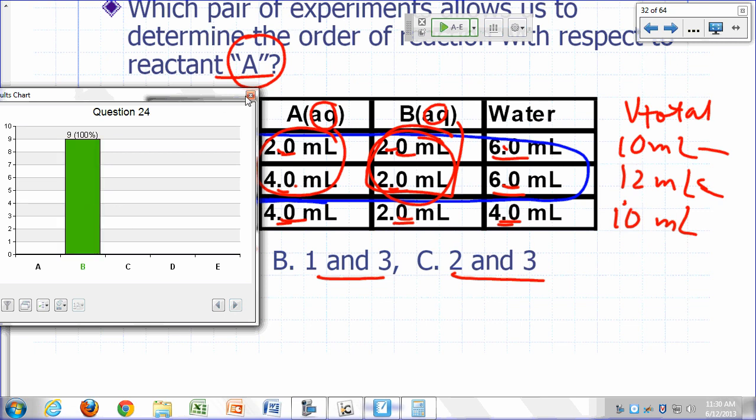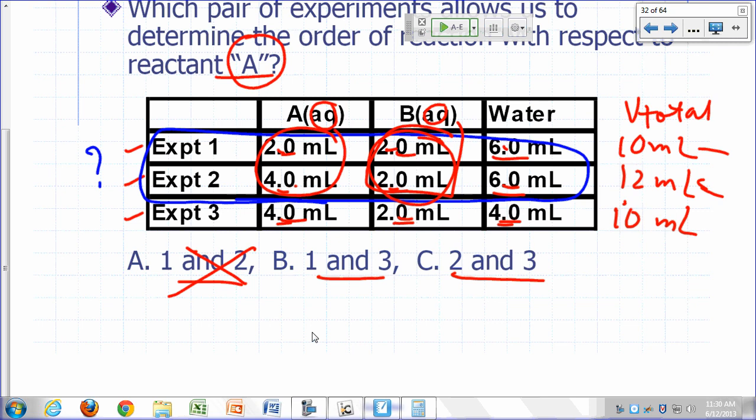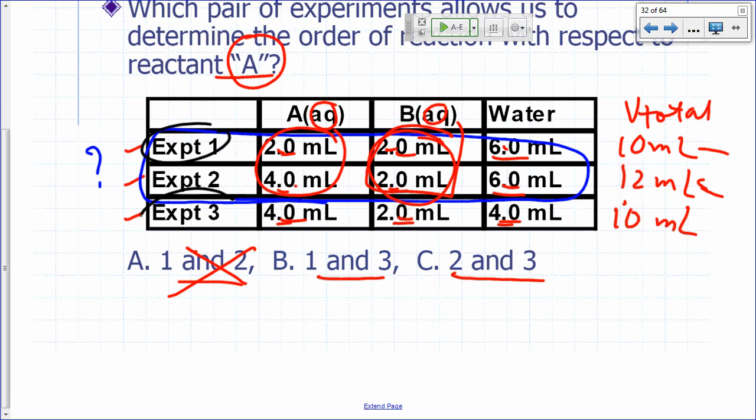Why B? If you compare experiments 1 and 3, you have the same total volume, so the concentration of B in both cases will be the same. You're still changing the concentration of A, right? You're doubling the concentration of A, but you're maintaining the concentration of B.